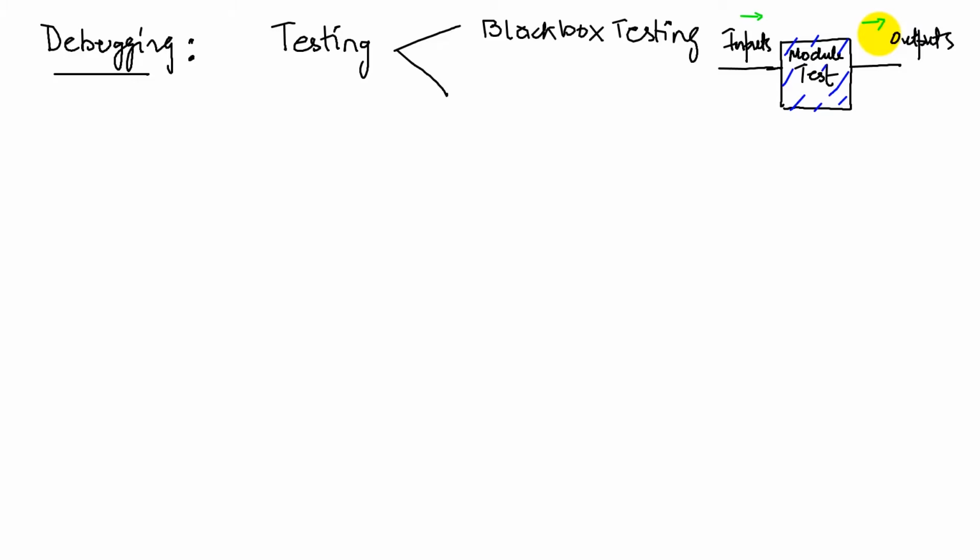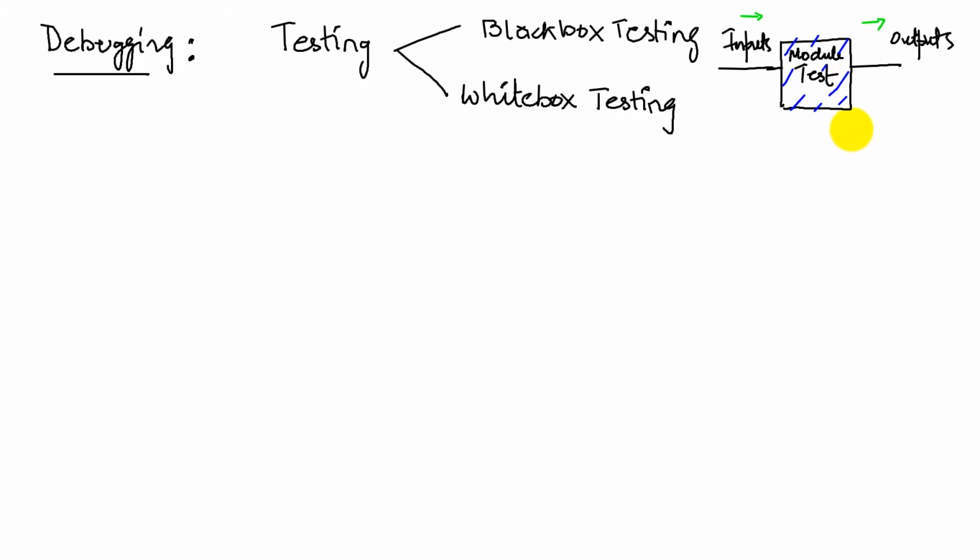As opposed to black box testing, white box testing. Now, usually we perform white box testing when we find that there is some mismatch in the behavior. That is, the expected outputs are not what we see. So we delve deeper into the box.